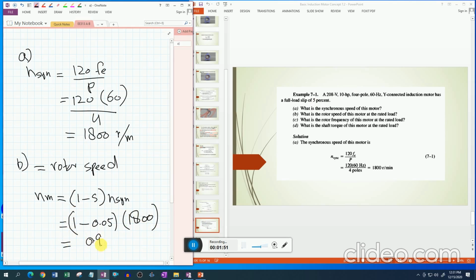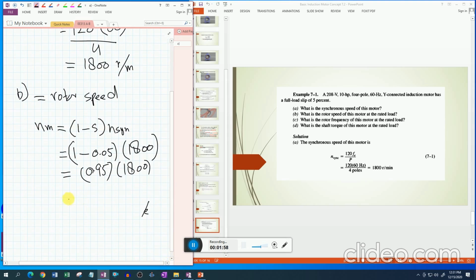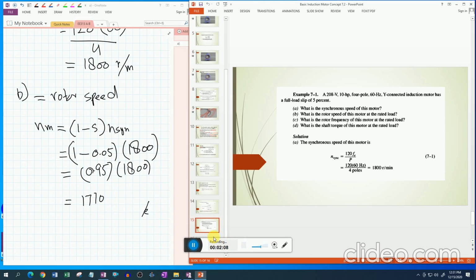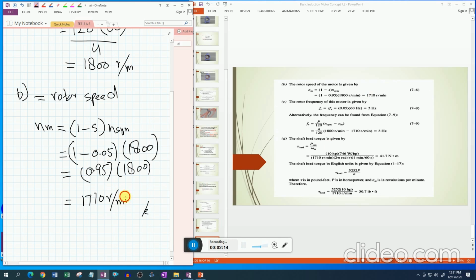So it is equal to 0.95 times 1800. When we solve it, it will become 1710 revolutions per minute. And here, you know, our book is very good, but there is a mistake in the book here.